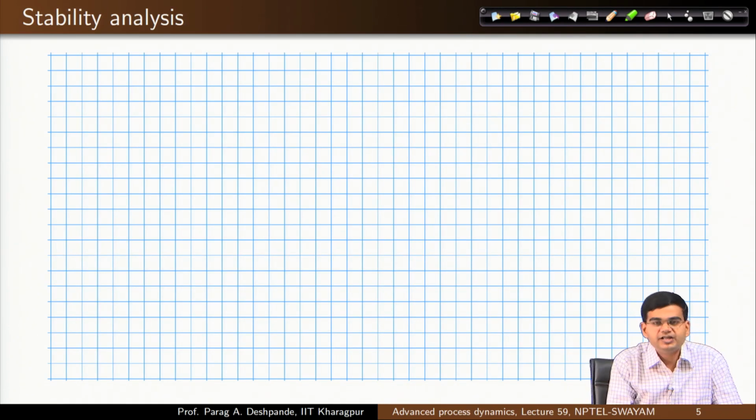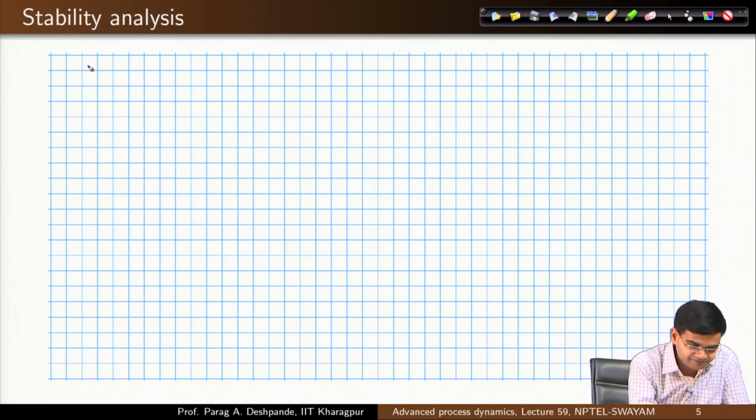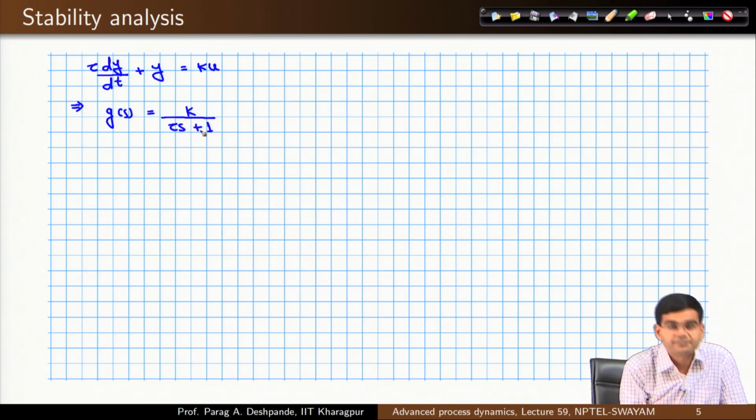We looked into the transfer function for a first order system, and we got for the equation tau dy by dt plus y is equal to k times u, from here we got g of s is equal to k upon tau s plus 1.